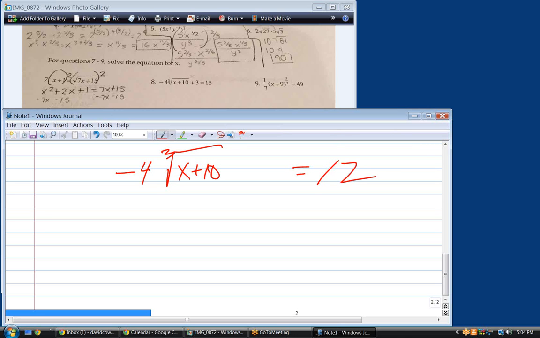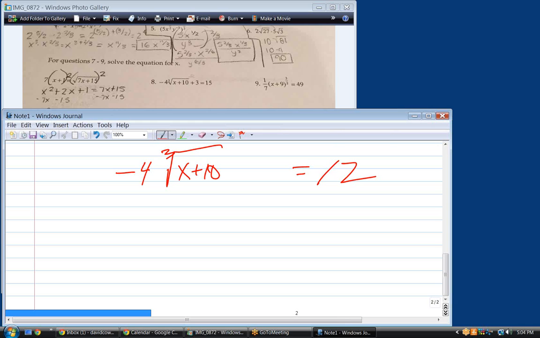Wait, what? I'm sorry, I didn't know anything about the 12, so I subtracted it. Okay, so how am I going to isolate the radical sign? Right now it's being multiplied by minus 4.